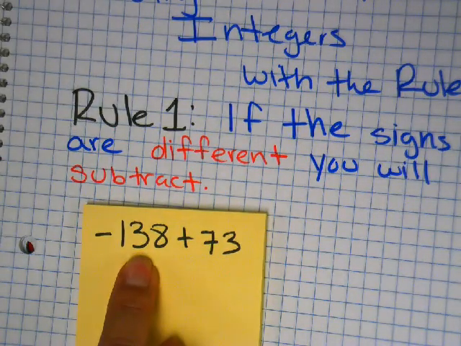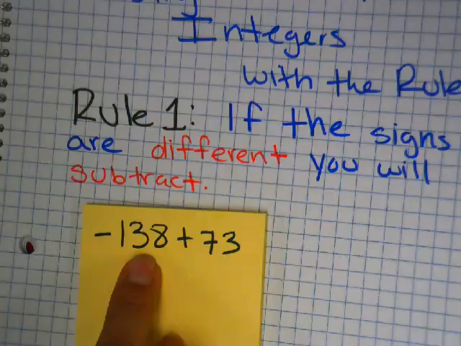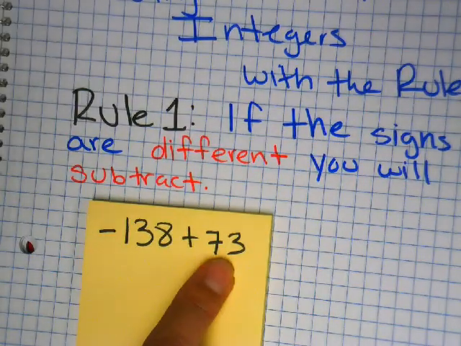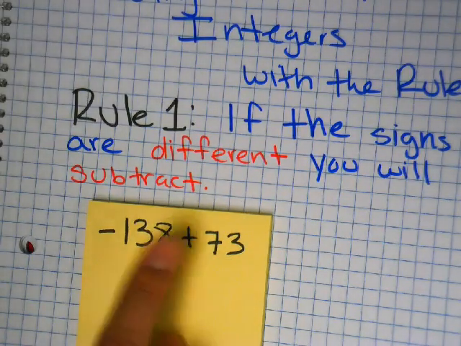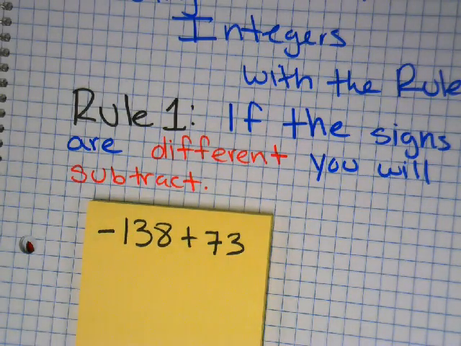Someone in my second period, who will remain anonymous, said it's because it's bigger. Is this number bigger? No. This means you owe me $138. This means you have 73. So would you rather owe me or have? Axel, you said it correctly. It's because they have more.